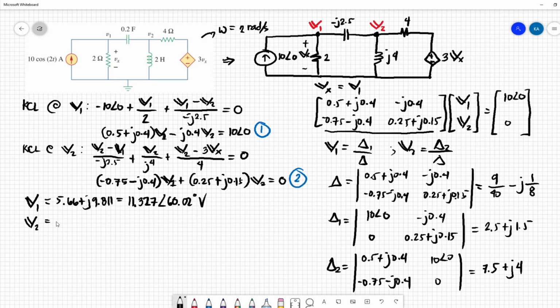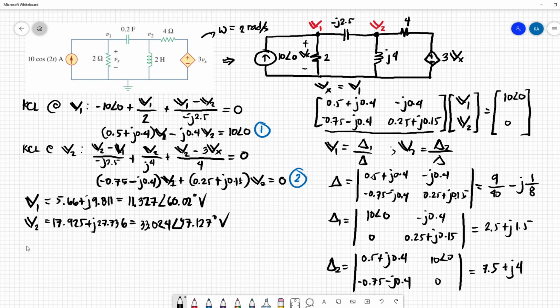And for V2 we have 17.925 plus J 27.736. In polar form, this is equivalent to 33.024 angle 57.127.